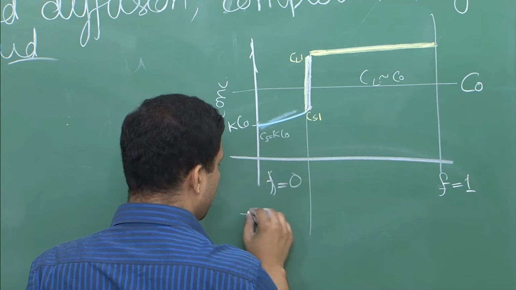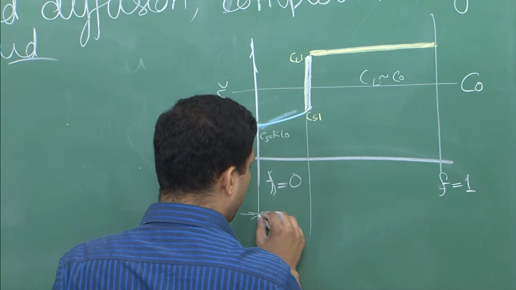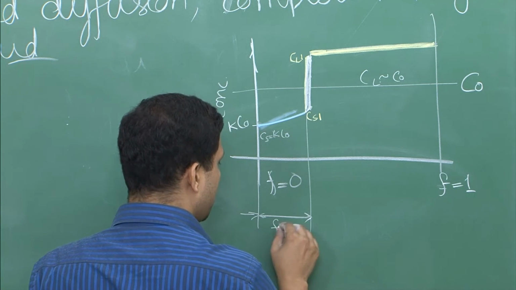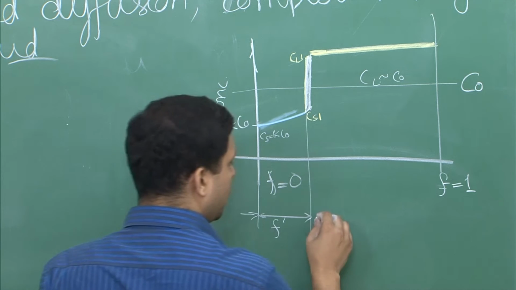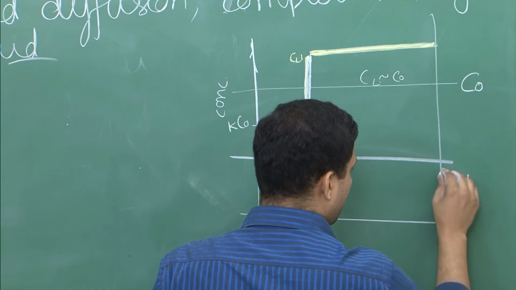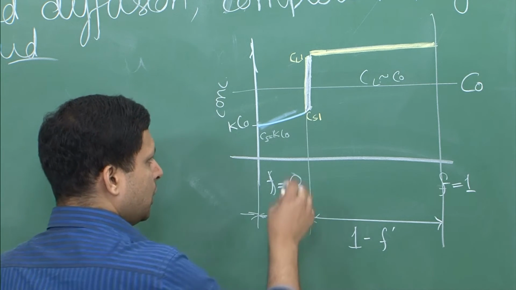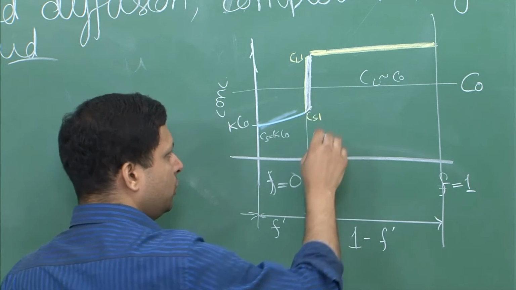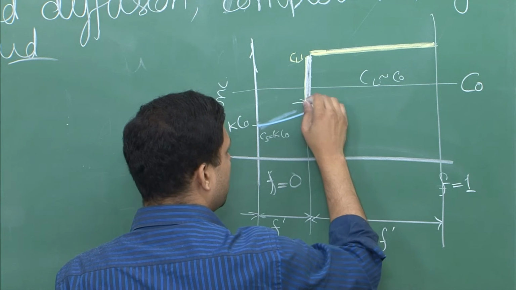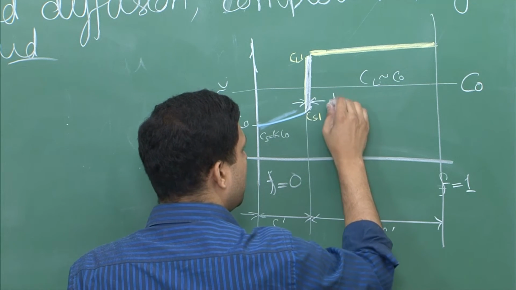So let us say we are looking at a distance f prime, therefore this becomes 1 minus f prime, and a small thickness has grown, so let us call it df prime.